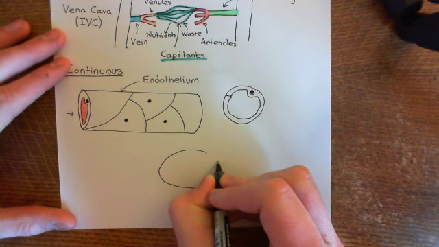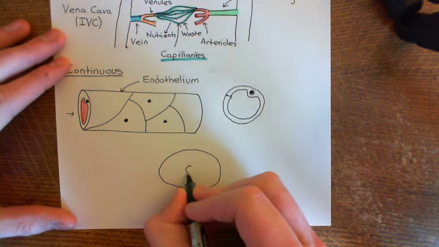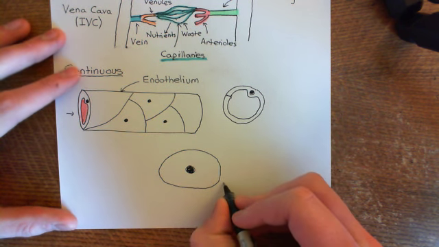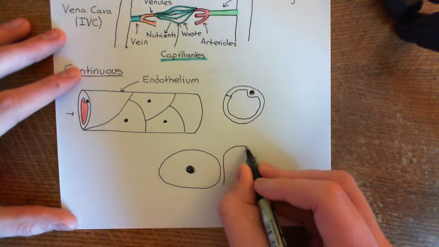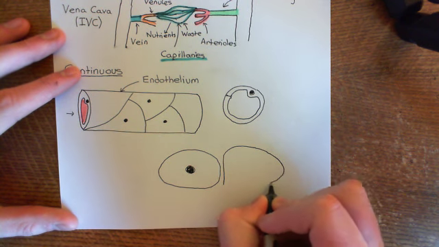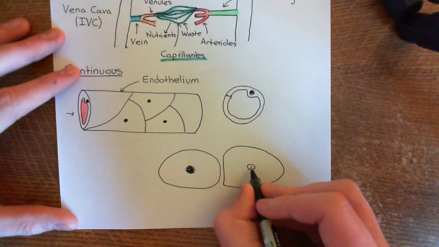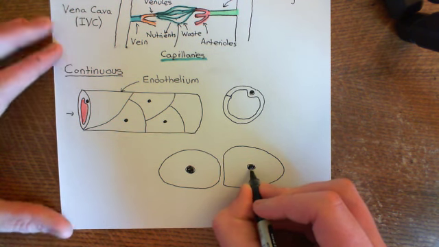But then they'll have points where they need to join to another endothelial cell. So here's one endothelial cell, and now you can see the fried egg comparison coming up, okay? And then here's another endothelial cell. Right, so we need some way of joining these two together, and in some cases they don't actually have this tight adhesion to one another, and we'll discuss that in a moment.